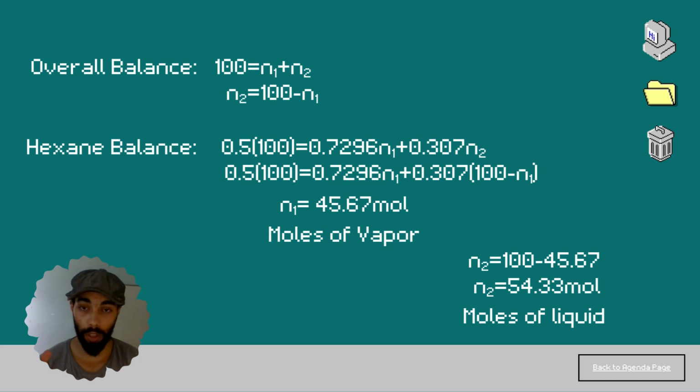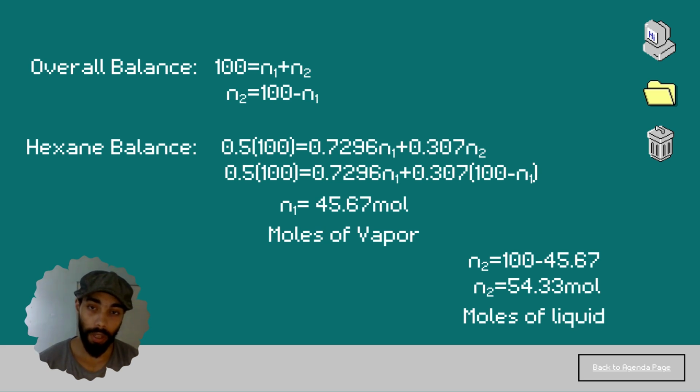The input, which is 0.5, the composition of hexane, times 100, which is the basis, is equal to 0.7296, the composition of hexane in the vapor phase, times N1, the number of moles of vapor, plus 0.307, the composition of hexane in the liquid phase, times N2, the number of moles in the liquid phase.